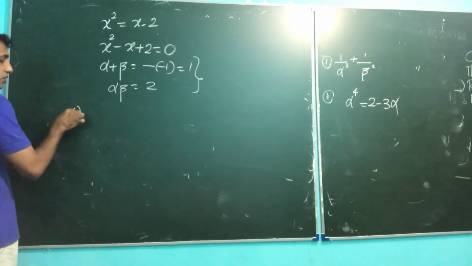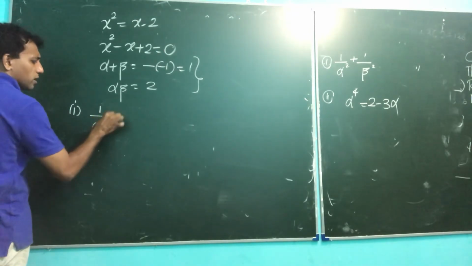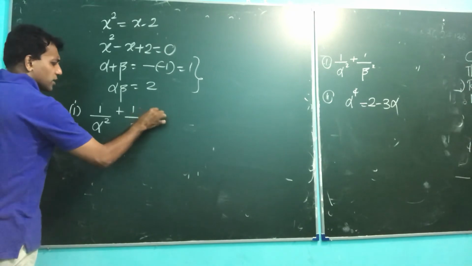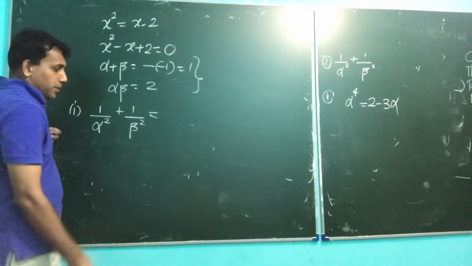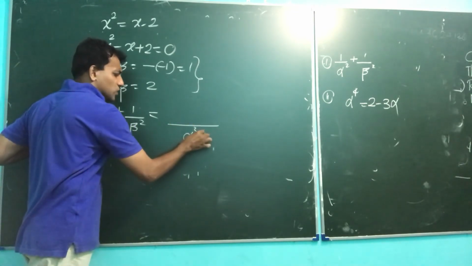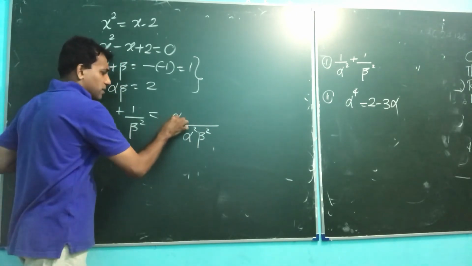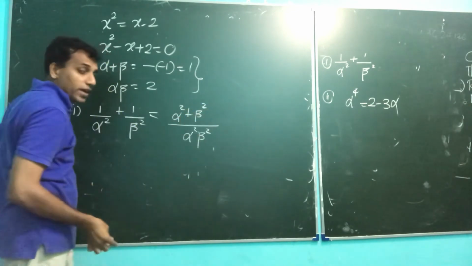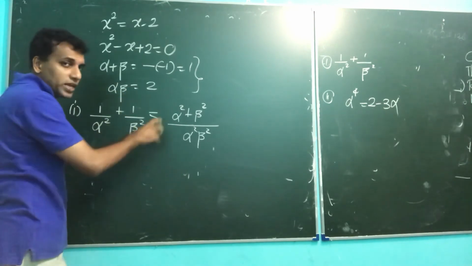Now complete the first part: 1 over alpha square plus 1 over beta square. Simplify by taking the LCM, alpha square beta square, then cross multiply, like O-level algebraic fractions. You always need the alpha plus beta answer and the alpha into beta answer.